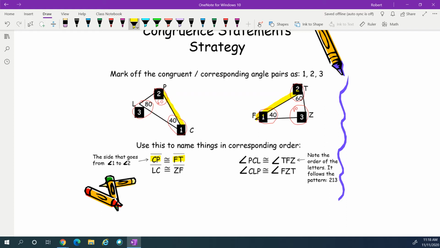The first one, however you want, the second one has to match. If I talk about segment LC, it's from 3 to 1. That order matters. I have to match it 3 to 1. So it has to be ZF. Now the same rules when we name the angles.